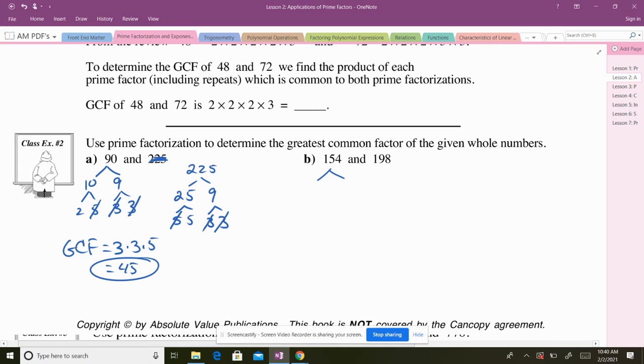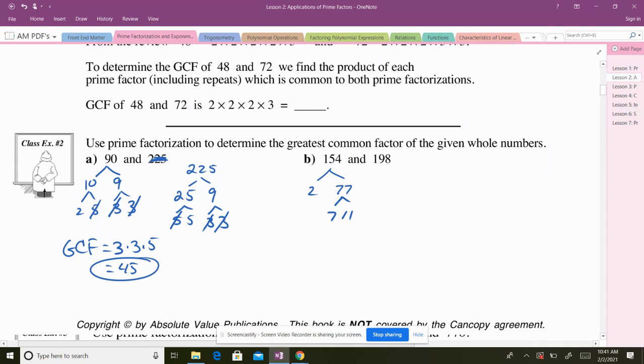It's going to take longer. 154 divided by 2 is 77. 77 is 7 and 11. Okay, those are all prime.